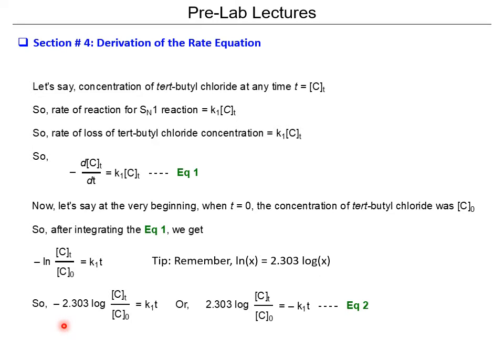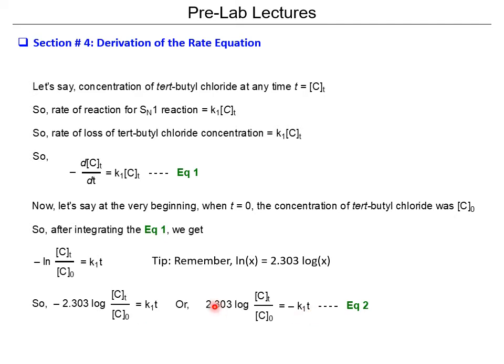So here you have negative 2.303 times the log base 10 of the concentration at time t divided by the initial concentration equal to k1 times t, or 2.303 log of the concentration of C after some time divided by the initial concentration is equal to negative k1 times t. Right, so we just move the negative sign here.